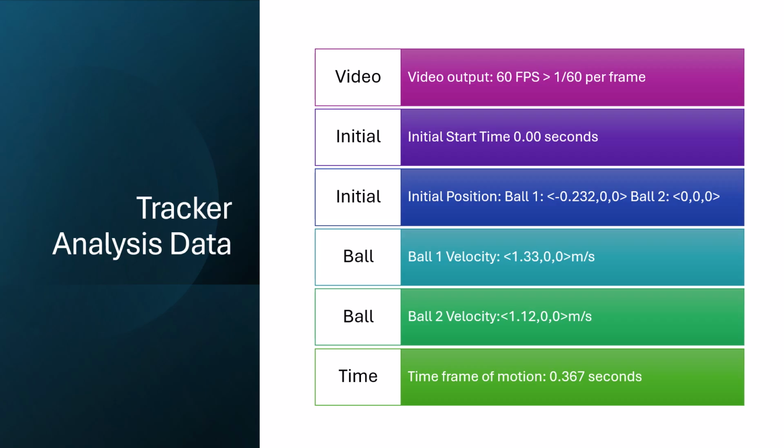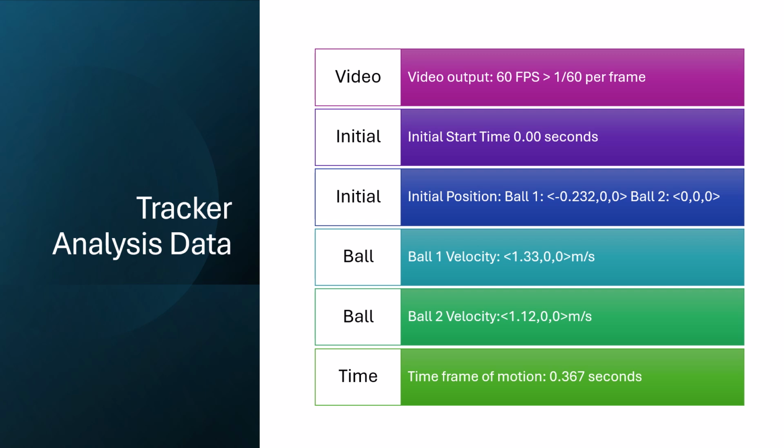This is our Tracker analysis data. Our video was recorded at 60 FPS, and we'll use that for iterations in our code. The initial start time was at 0 seconds. The initial position of ball 1, which is the ball that was moving at the very beginning of the video, was negative 0.232 meters, and then ball 2 was set at the origin.